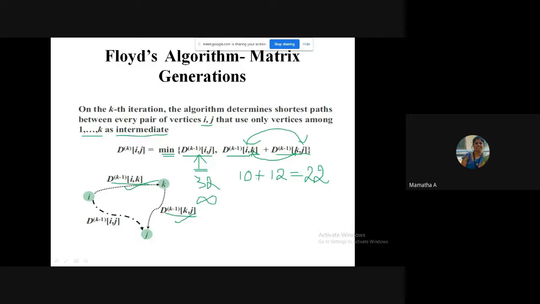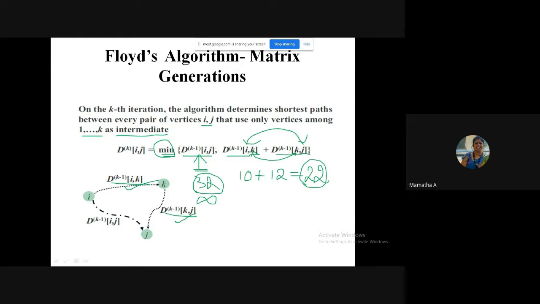Take the same example. Earlier you found that it was 32. Via k, I found it is 22. So which one should I update now? 22, ma'am. That's the reason I put the minimum of these two.